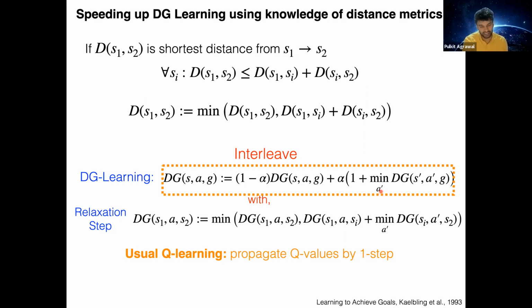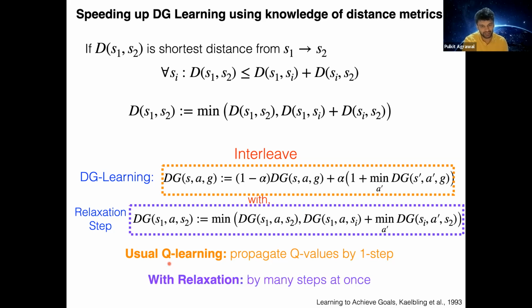But with this relaxation step, I can propagate values by multiple steps at once, because my state Si could be arbitrarily far away from S1. So I don't need to propagate my Q values one step at a time. It allows me to propagate values in long chunks, which is why this relaxation could speed up learning.